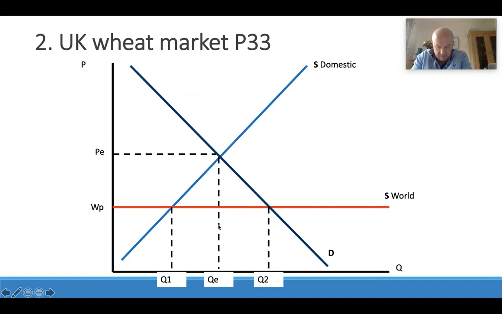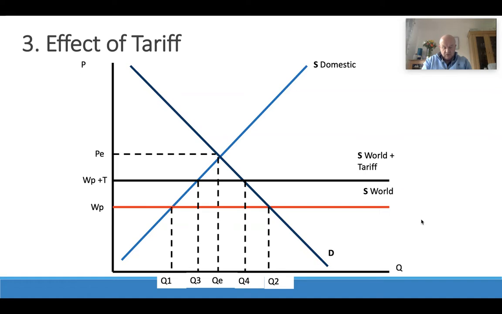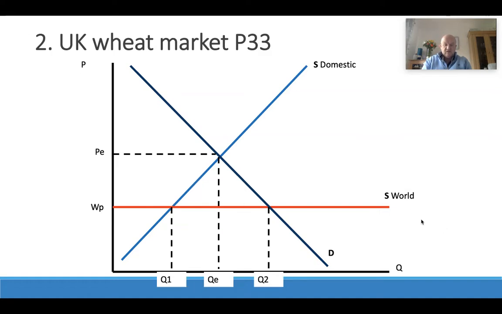Now you can imagine, given that we don't really have any influence over world price, that we're not going to have any impact on this at all, but it will have an impact on us when we come to look at imports and exports. And so you can see in this case, this is the world market without a tariff.